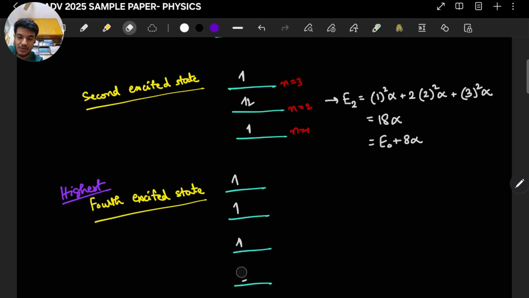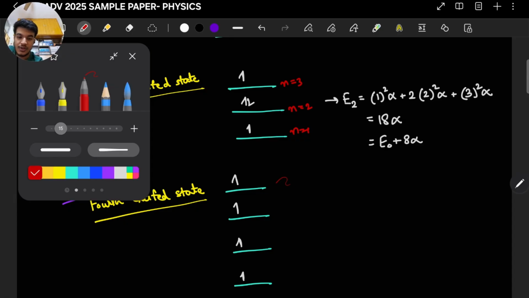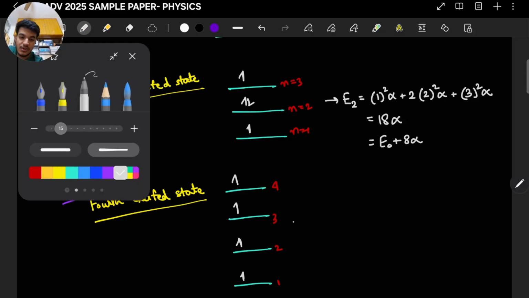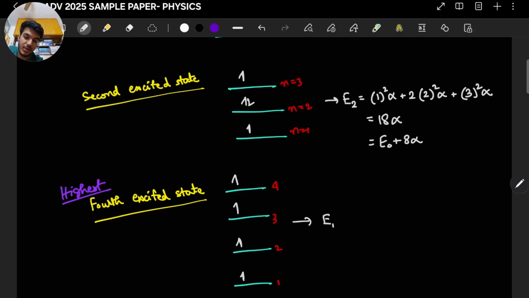This is 4, this is 3, this is 2, this is 1. The energy corresponding to this highest occupied orbital, I can say highest occupied molecular orbital, or atomic orbital, whatever you like to say.